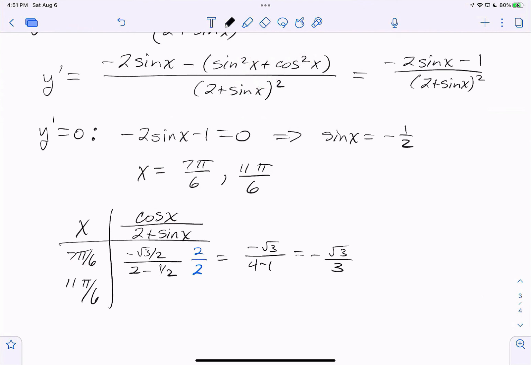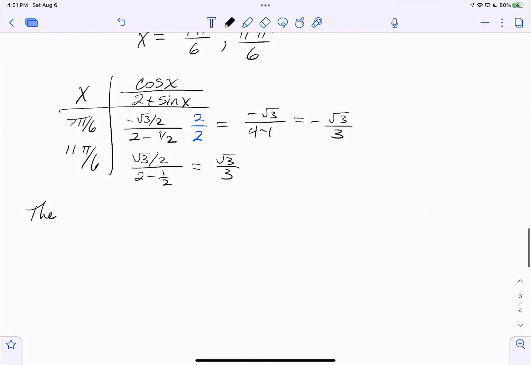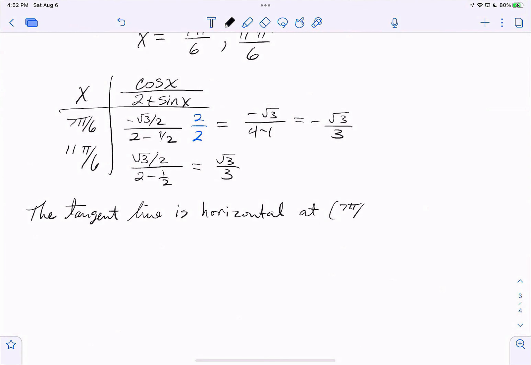For 11 pi over 6, we have positive square root of 3 over 2 over 2 minus 1/2. And I can see that that's going to turn out to be the square root of 3 over 3. So we can say the tangent line is horizontal at (7 pi over 6, negative square root of 3 over 3) and (11 pi over 6, square root of 3 over 3).